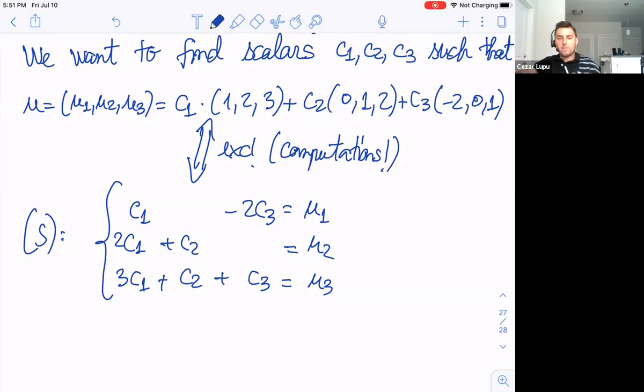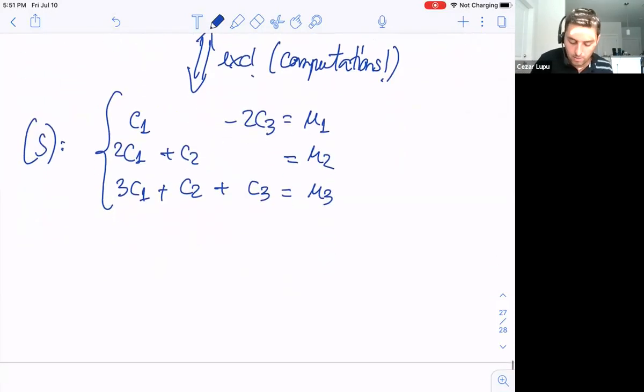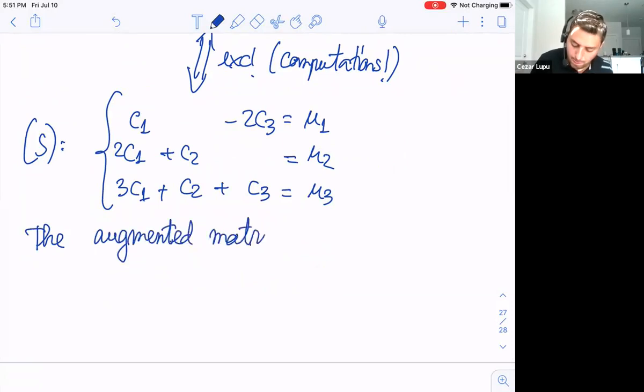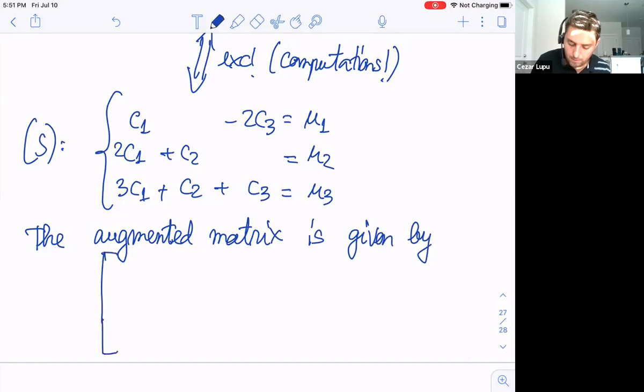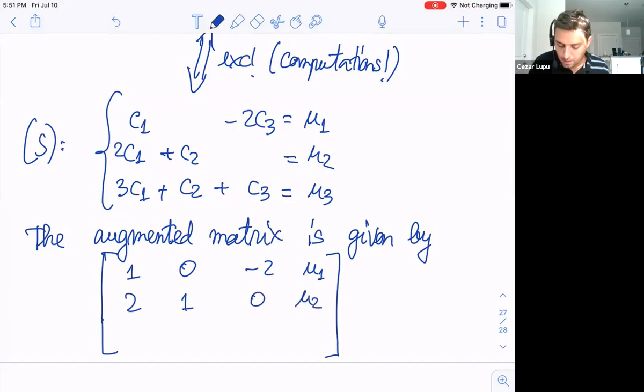So the augmented matrix is given by, let's write it: 1, 0, -2, U1; 2, 1, 0, U2; and then 3, 1, 1, and U3.